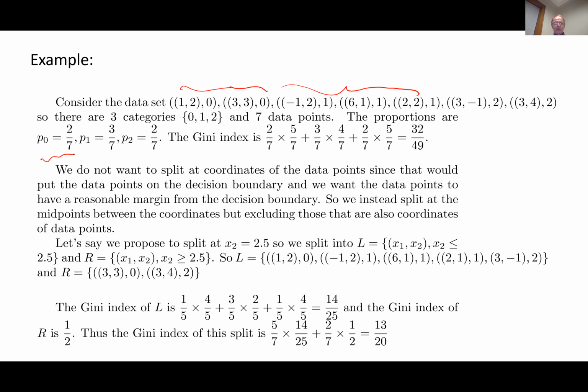P1 is 3/7, and P2 is 2/7. So the Gini index, well, that's by taking P0 multiplied by 1 minus P0, plus P1 times 1 minus P1, plus P2 times 1 minus P2. And if we compute that, we get the Gini index is 32 divided by 49.